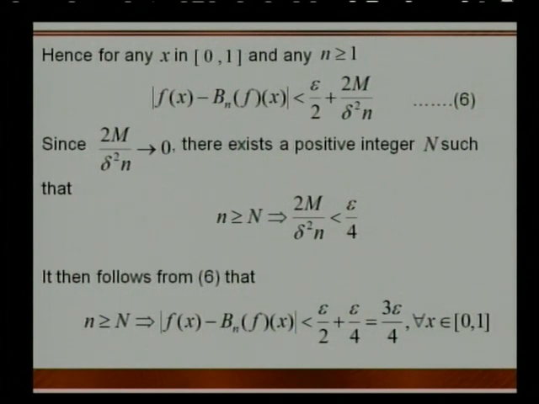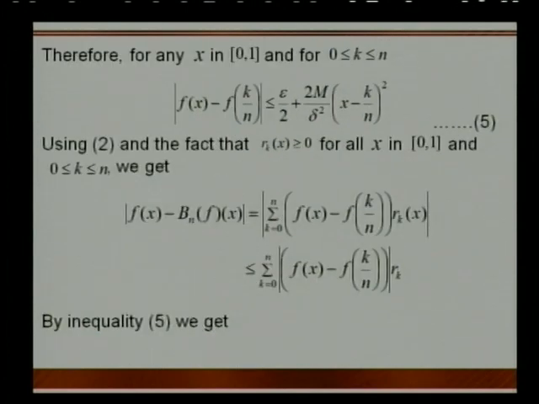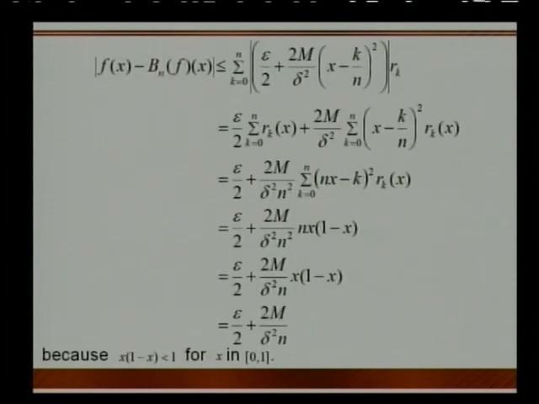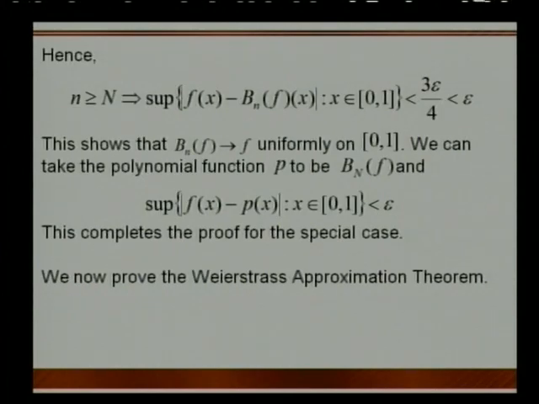So mod of fx minus Bn f x, we can actually make it less than a specified constant, which will help us. So both situations, when mod of x minus k by n is less than delta and greater than or equal to delta, can be handled separately, and therefore you can actually prove this.